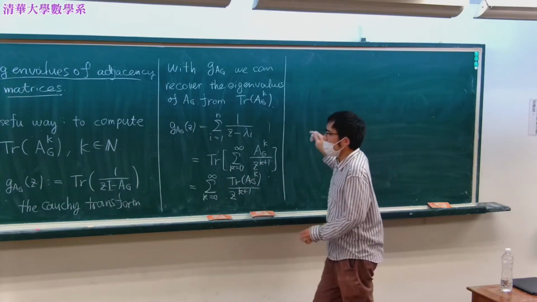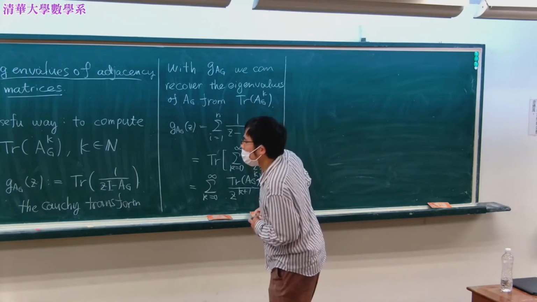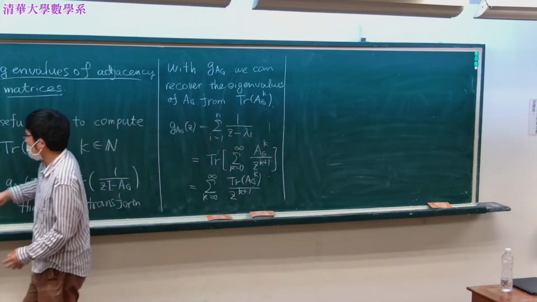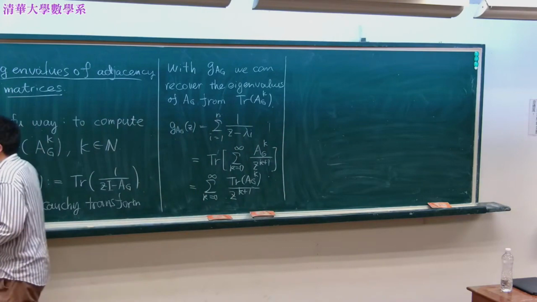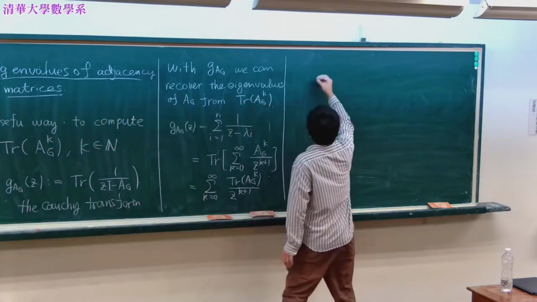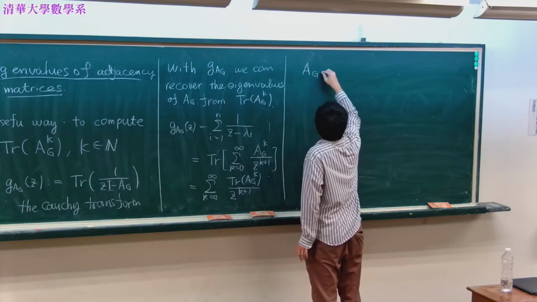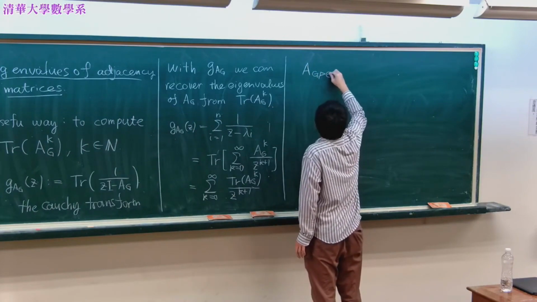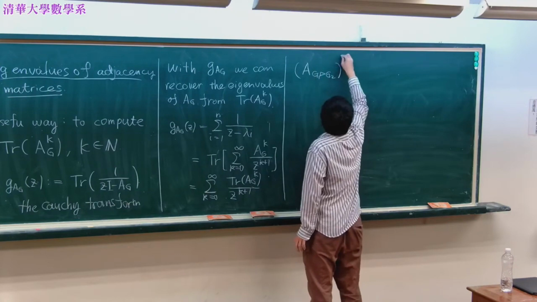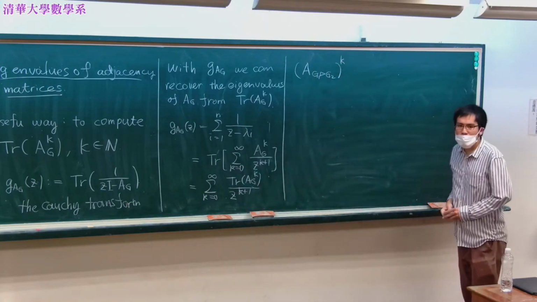Well, okay, let me first try this cone product case. So of course, first we have to compute the power. So A of G1, G2 to the K. What is this?